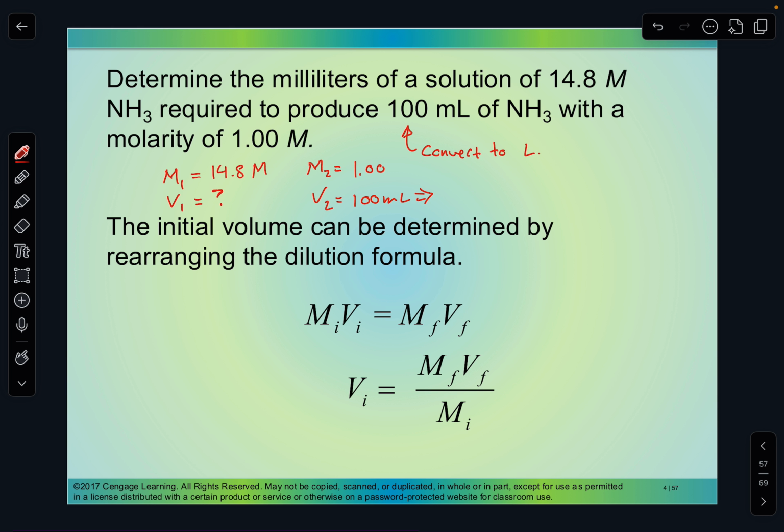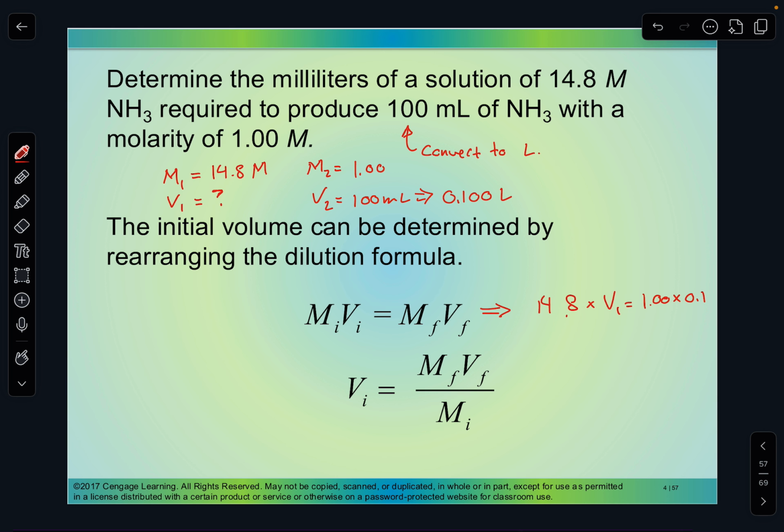There are 1,000 milliliters in 1 liter, and so that's going to be 0.100 liters. And so, following this equation, we will get 14.8 times V1 equals 1.00 times 0.1.